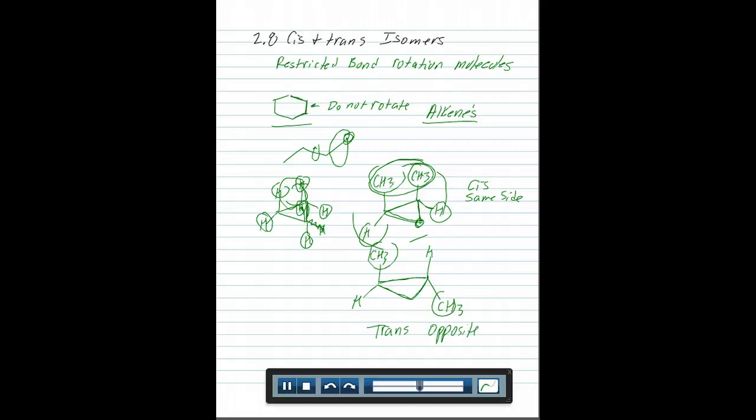I'm drawing a three-dimensional structure, but you can actually draw these in two dimensions with wedges and a dotted line. I can take a cyclohexane, and if I draw a wedge here, put a methyl group here, and then do another wedge at the 4 position, these groups are on the same side. So this would be the cis isomer.